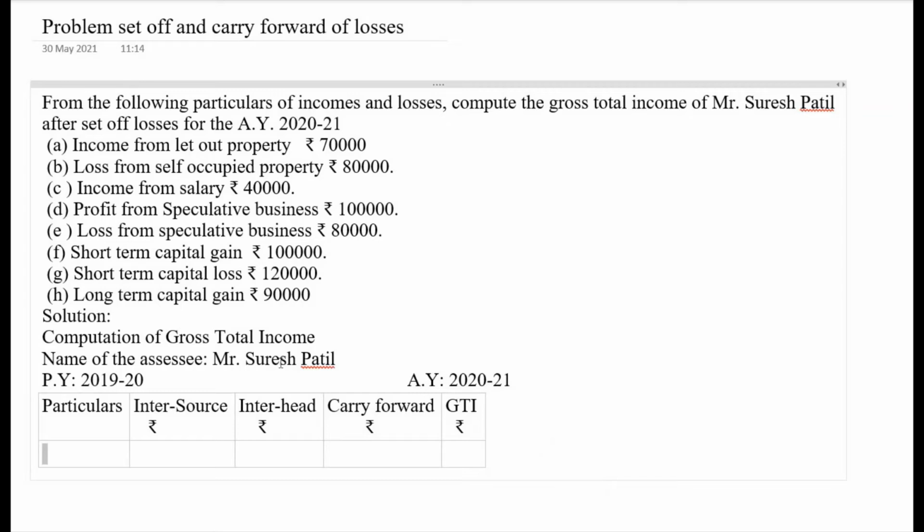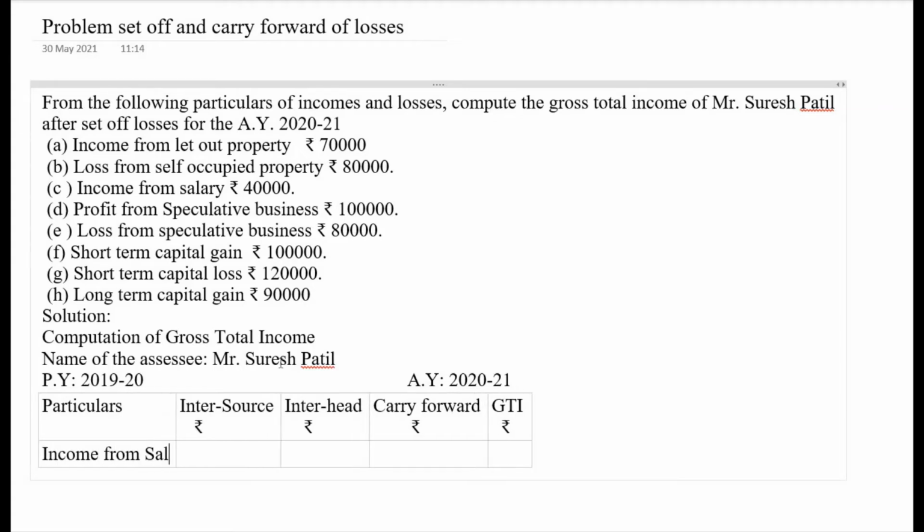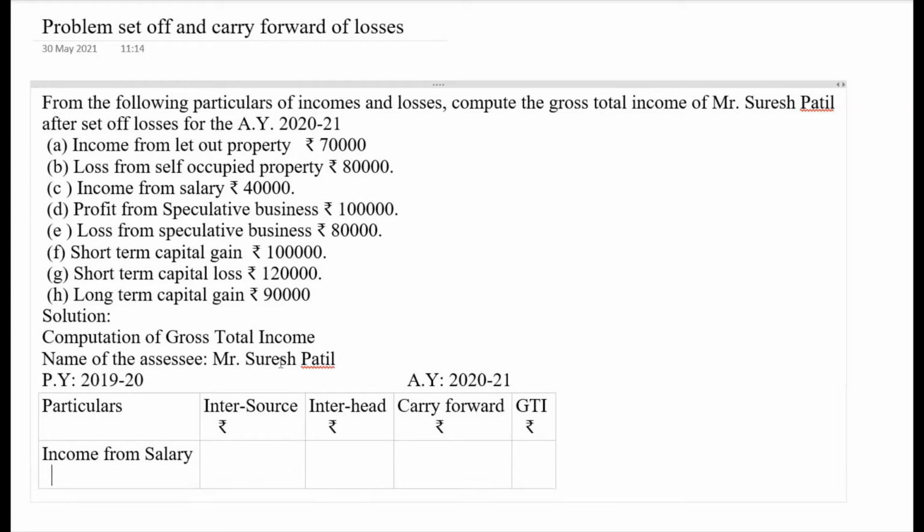So now let us work out one by one. First the salary head, income from salary. That we can record in the interhead column, which is given as rupees 40,000 here.